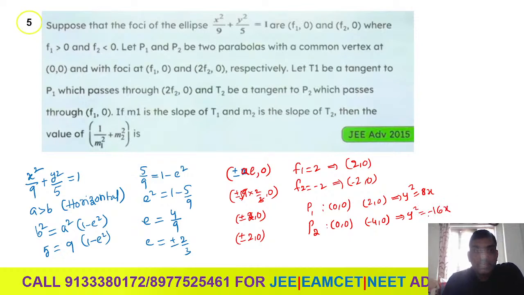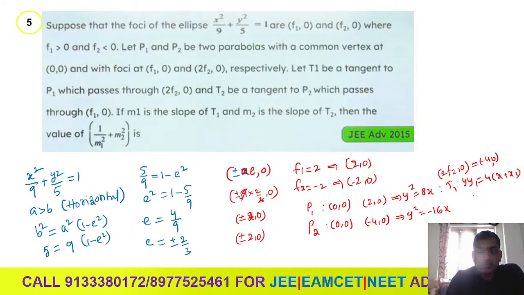Let T1 be the tangent to P1 passing through 2F2 comma 0. Here, what is T1? T1 is y y1 equals 4 times x plus x1. This T1 is passing through the point 2F2 comma 0. What is 2F2? Minus 4 comma 0.